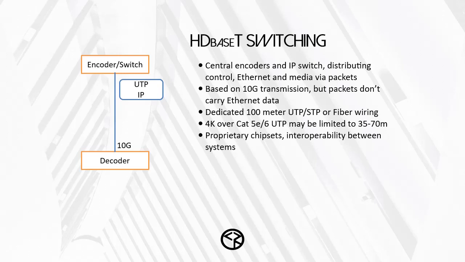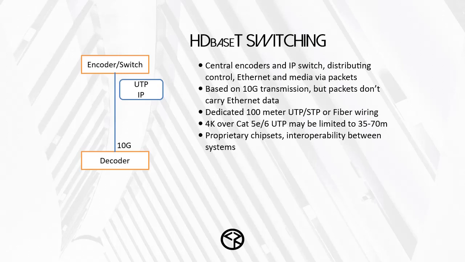And that switch distributes control, Ethernet, and video through packets. It's based on 10 gigabit transmission, but the packets don't carry Ethernet data. As with some of the older systems, it can go up to 300 feet, 100 meters, over unshielded twisted pair, shielded twisted pair, or fiber wiring.